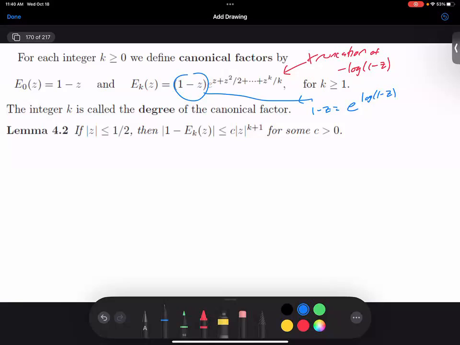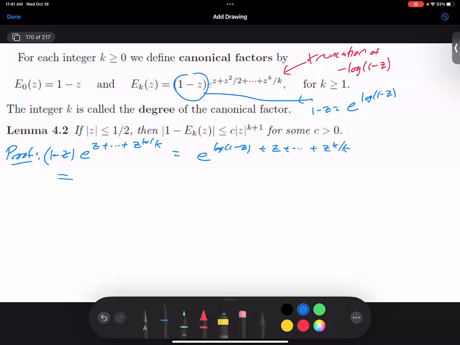So we have 1 minus z times e_k of z, where e_k of z is e to the z plus dot dot dot plus z to the k over k. So this is going to be the exponential of the log of 1 minus z plus z plus dot dot dot plus z to the k over k.